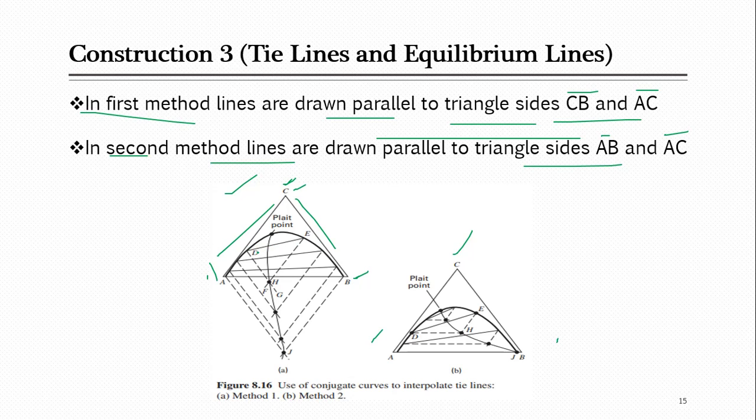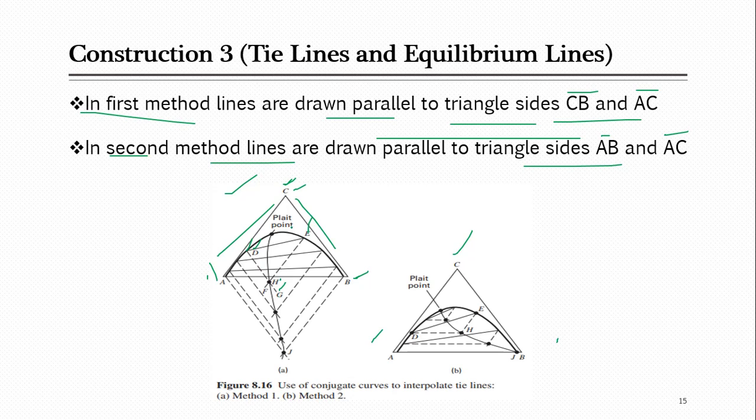So when I have to draw these lines along CB and AC, I have to start those lines from the end points of these tie lines. One end point is E and the other is D. When I start from here and go along CB, one line drawn parallel to CB is this dotted line which starts from D and ends at G. So this is the D, G line.